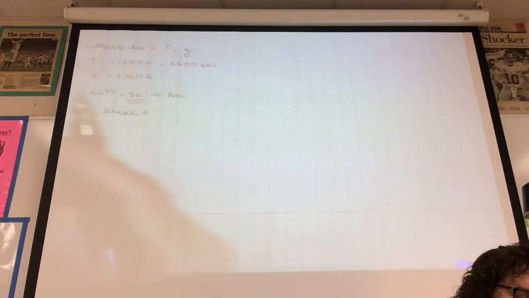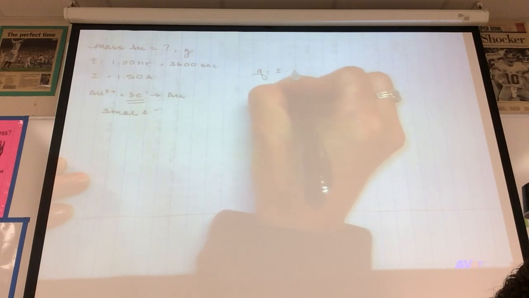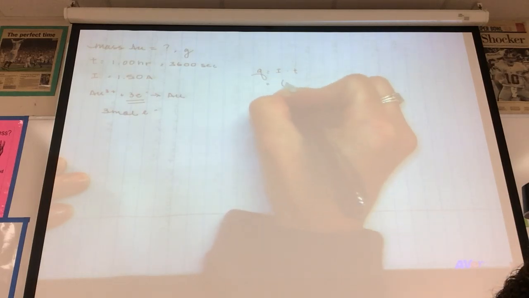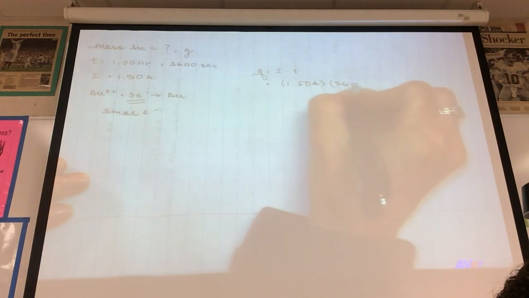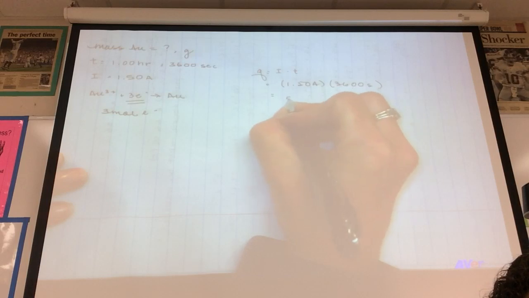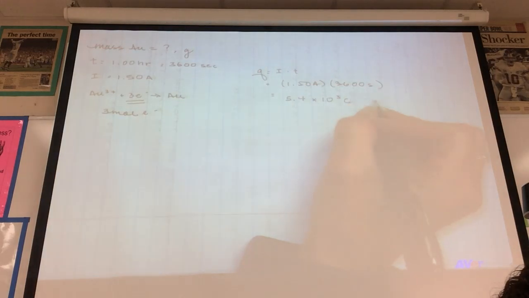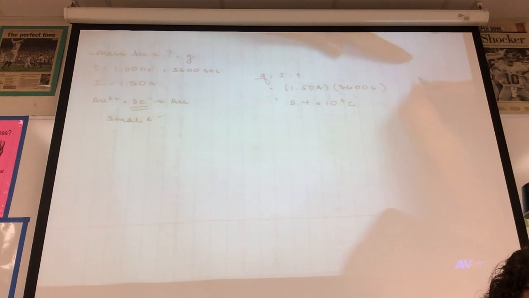Usually I do 2 steps. I know that Q is equal to I times t. I is 1.50 amps, and I'm going to multiply that by 3,600 seconds, and that's equal to 5.4 times 10 to the 3rd coulombs. If you did not have a calculator, you could work it this way.